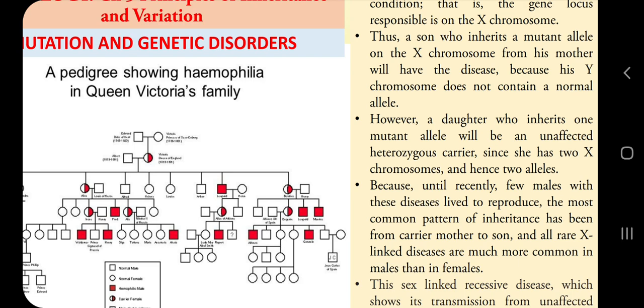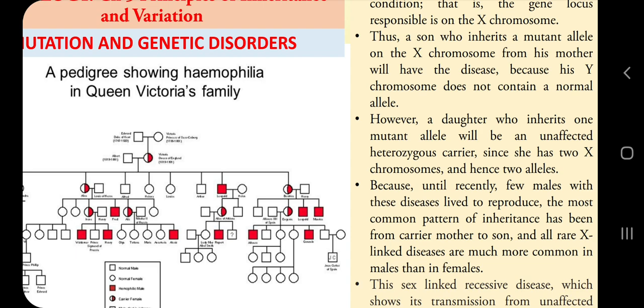So a female may be homozygous or heterozygous, but we males, if we have the hemophilia gene on our X chromosome, will show that disease, because we have only one X chromosome and the other sex chromosome is Y. So this is a somewhat different condition, not called homozygous or heterozygous, it is called hemizygous.